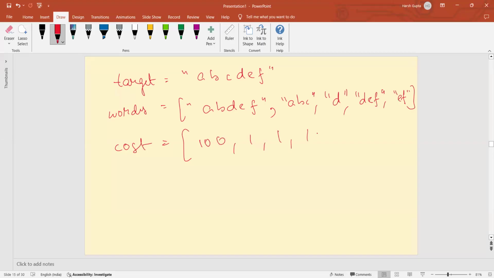That is, if you are using this particular word, it will cost you 100. If you are using this particular word, it will cost you 1, and so on.